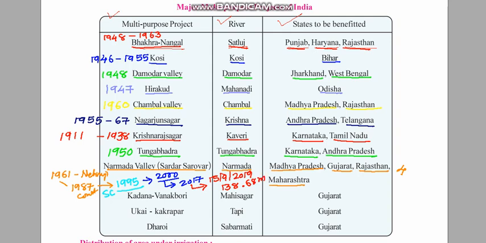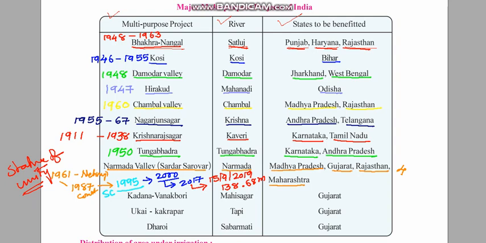So this is the maximum height at which the Narmada Valley or Sardar Sarovar Dam is running. So you can see it has a very long history, right? And recently it is overflowing, very beautifully. The added feather to the Narmada Valley project or Sardar Sarovar is the Statue of Unity, right? It is the highest, tallest statue in the world.